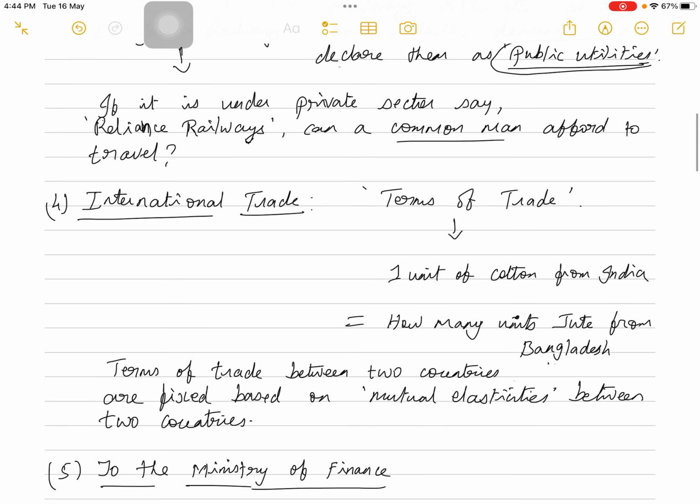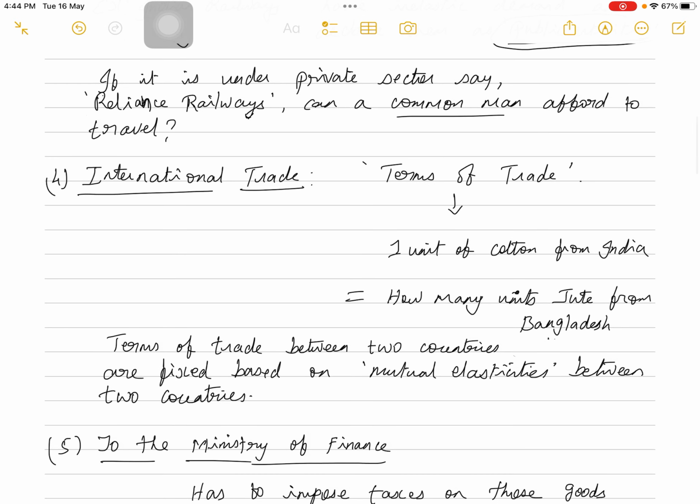Now the next importance is in the area of international trade. You all know what is the meaning of international trade, isn't it? Exports and imports of goods between countries. And when this trade is happening between countries, there is something called the terms of trade. That is, on what terms trade should be carried out from one country to another country.